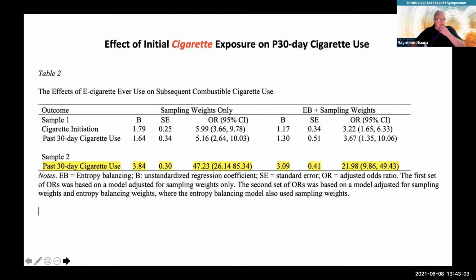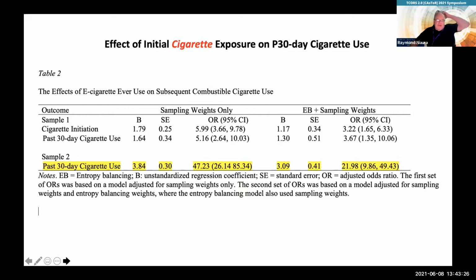This is just a little extra analysis that I won't talk about much. If you do this study, but instead of looking at who used an e-cigarette at wave 2, look at who actually used a cigarette, this is the predictive power of initial cigarette use on continued cigarette use one year later.